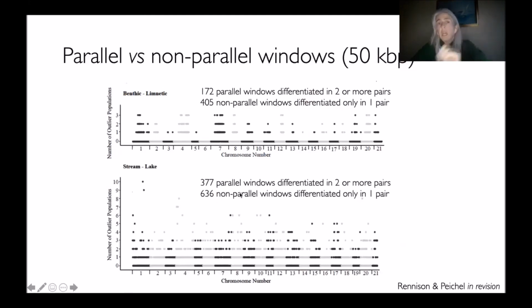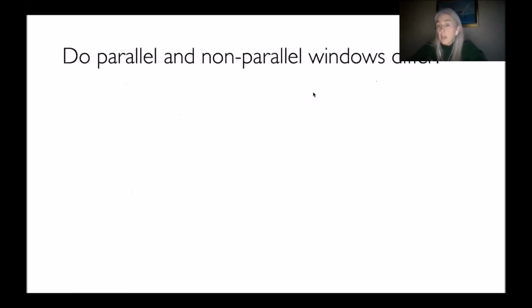So basically, we have our parallel windows and our non-parallel windows, and we're going to ask, do these differ? The parallel windows should be those under consistent selection across the replicates.